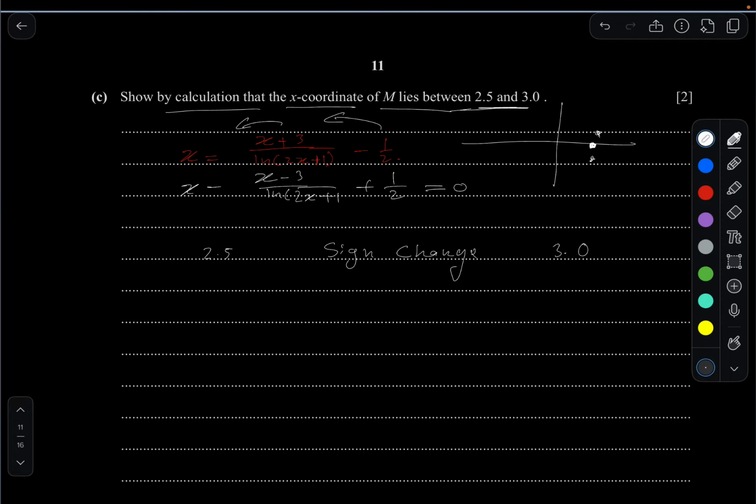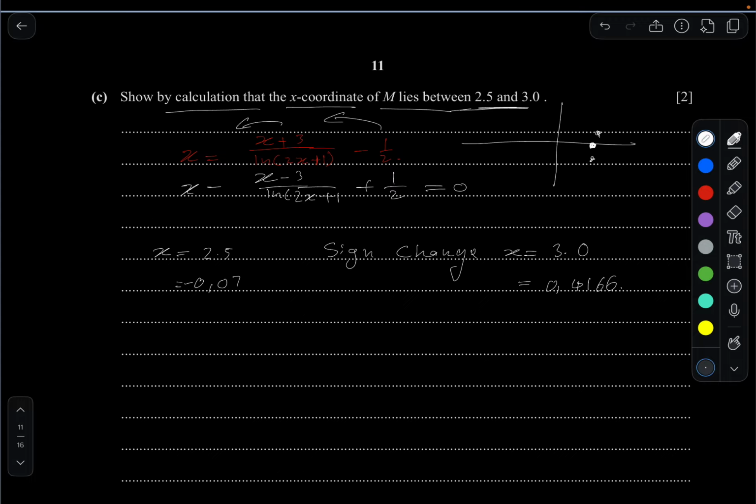So you will see that if you substitute in x equals 2.5, you get an answer of negative 0.07, and when you substitute the other value, you get 0.4166.